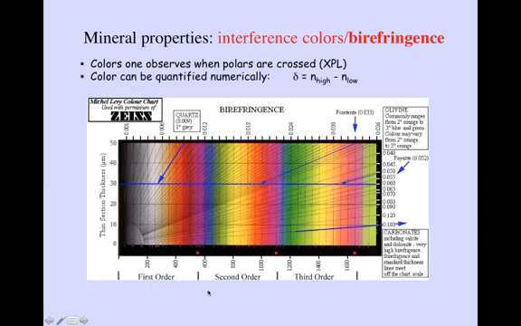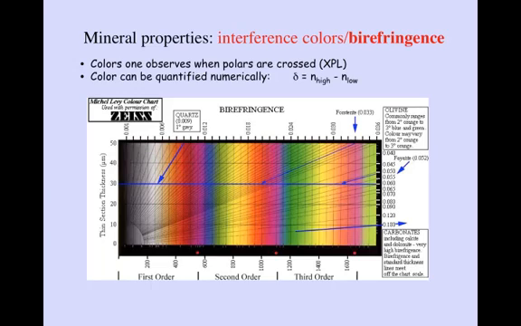How you read the Michel-Levy chart: let's say you're looking at a mineral in thin section that is second order blue, right where my pointer is. You can find the corresponding value for the birefringence by following the radial line from second order blue up to a value on the top axis.